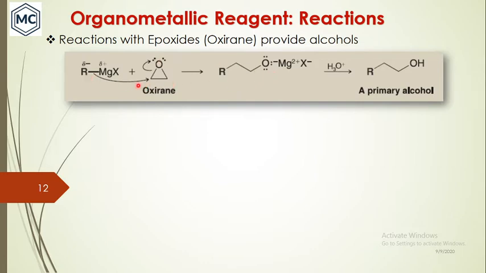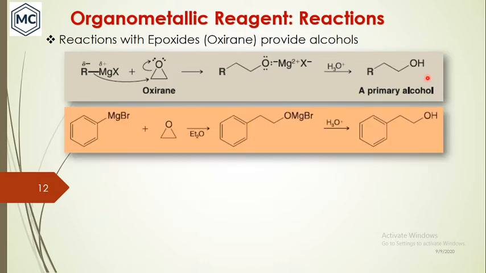R is reacting with this carbon, giving RCH2, then CH2, then O. Here the bond has broken, and it forms a complex like this. After the completion of the reaction, you can add aqueous acid and you get a primary alcohol.